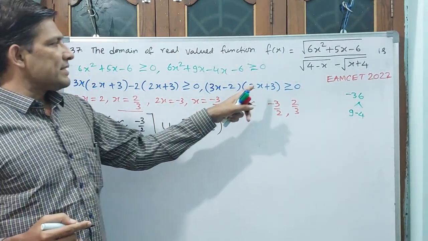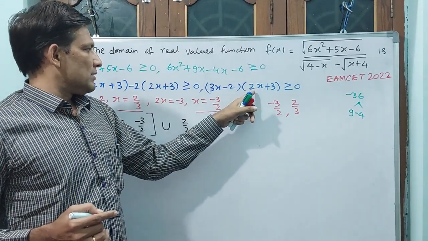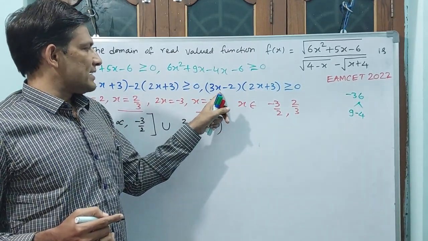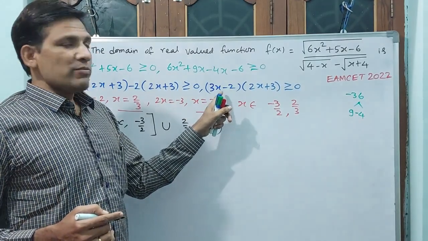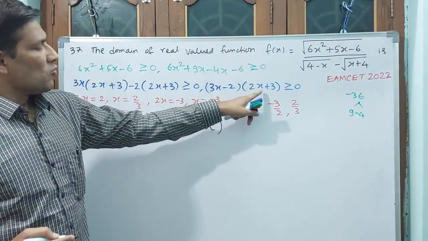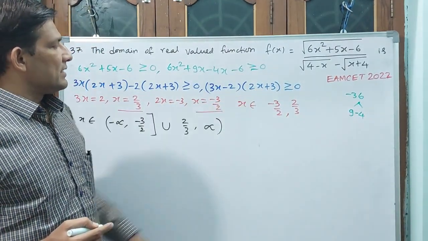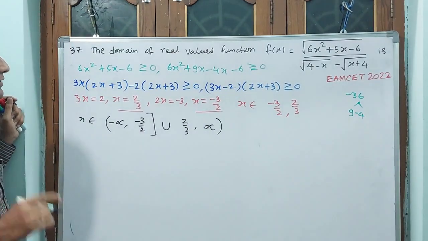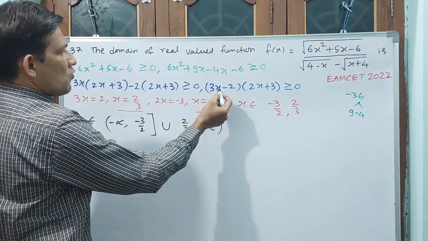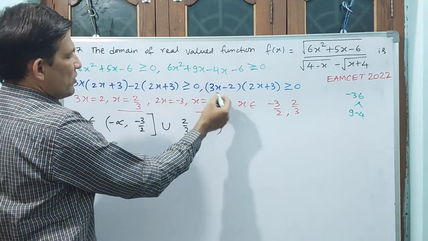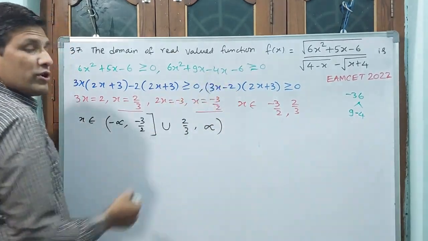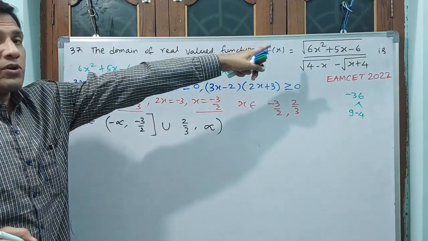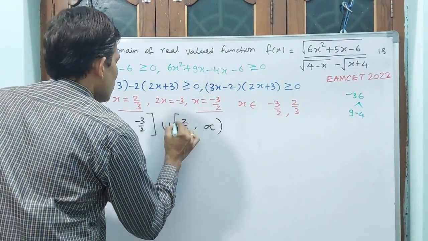And 2 by 3, if you give 2 by 3, the 3s get cancelled and it is going to become 0. Even if it becomes 0, no matter, there is no problem. Then you keep a closed interval here.